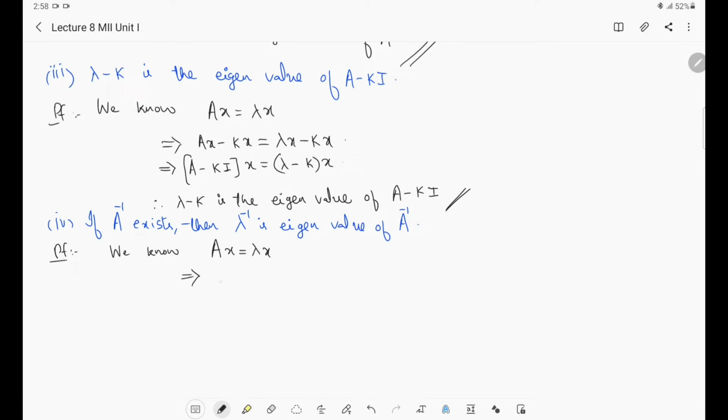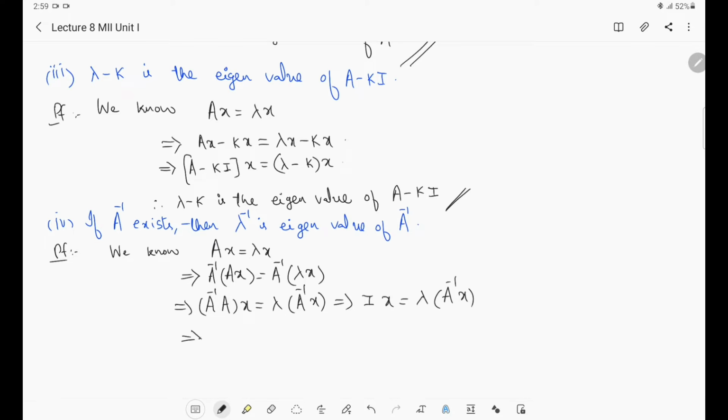Now multiply both sides with A inverse, then what will happen? A inverse into Ax equals A inverse into lambda x, right? Now what will happen? This A inverse into A into x equals lambda into A inverse x. So further, A inverse into A is nothing but I into x equals lambda into A inverse x.